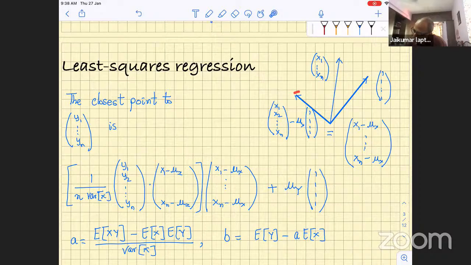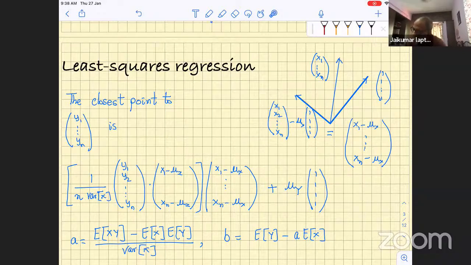And now you normalize it. When you normalize such a vector, you will see that what shows up in the denominator is something like the variance, because you're going to sum the squares of these quantities. So you normalize this vector and you get some vector here, which is slightly shorter.